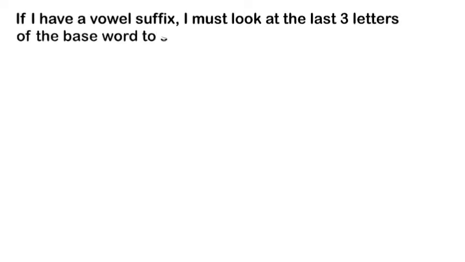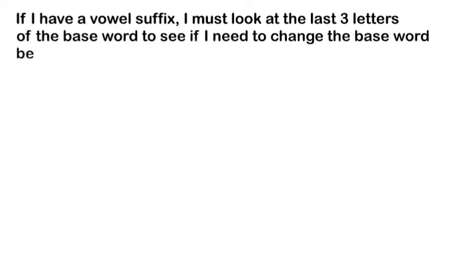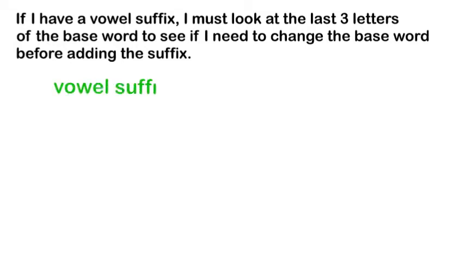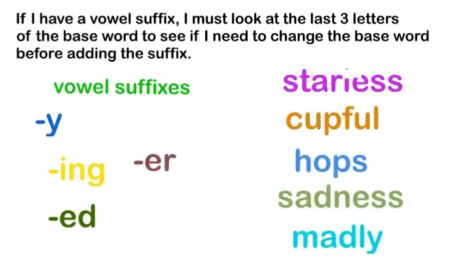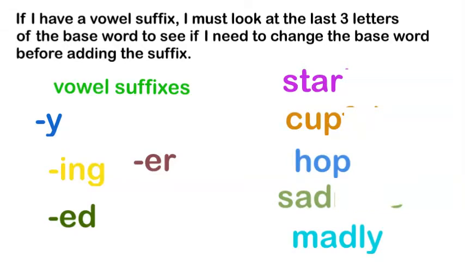When I have a vowel suffix, I have to look at the last three letters of the base word to see if I need to change the base word before I add a suffix. So here are some vowel suffixes. Now, I need to look at my base word, so I'm going to cover up the consonant suffixes and just look at the base words.